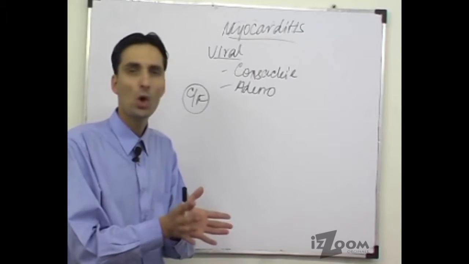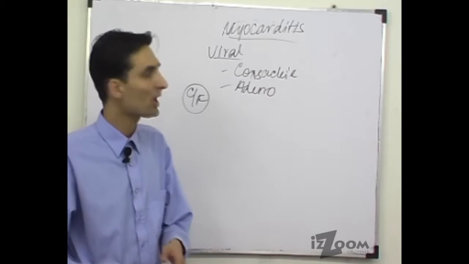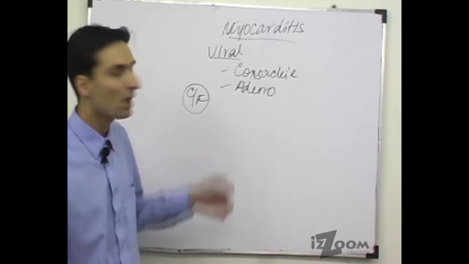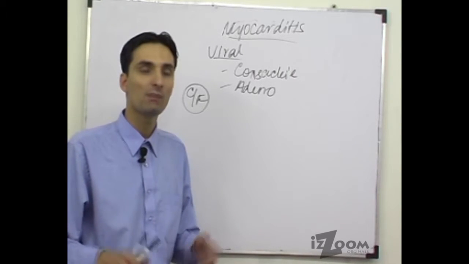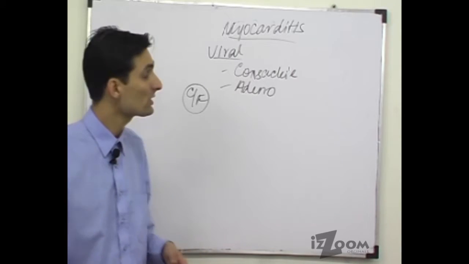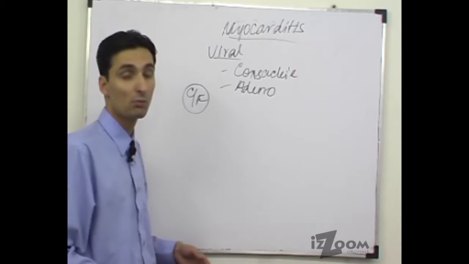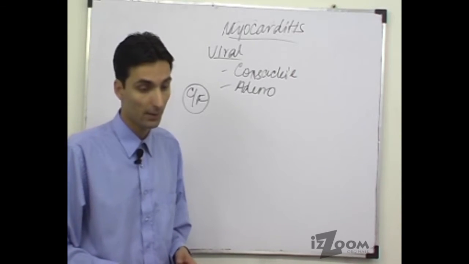They present with features of right and left-sided heart failure. So features of myocarditis vary depending upon the luck of the patient. If the patient is unlucky, the patient will present with features of severe heart failure.